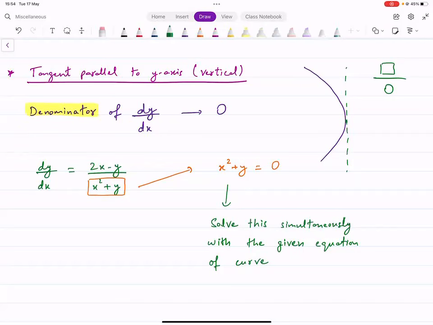For example, if you're getting this, dy with dx equals this thing, and you're given that the tangent is parallel to y-axis, जो उसका denominator होगा x square plus y square, you put that equal to 0. इससे आपको एक equation मिलेगी. You're getting this, and that gives you y equals minus x square. इसको आप फिर simultaneously solve कर लोगे, जो भी उसने ऊपर curve की equation दी हुई थी, उसके साथ simultaneously solve कर लोगे, आपको जो भी x और y की values चाहिए, वो आपको वहाँ से मिल जाएंगे.